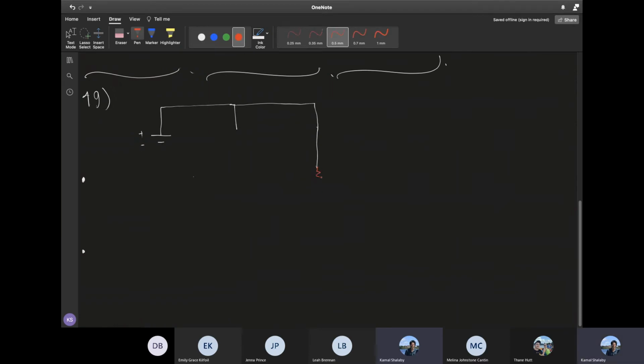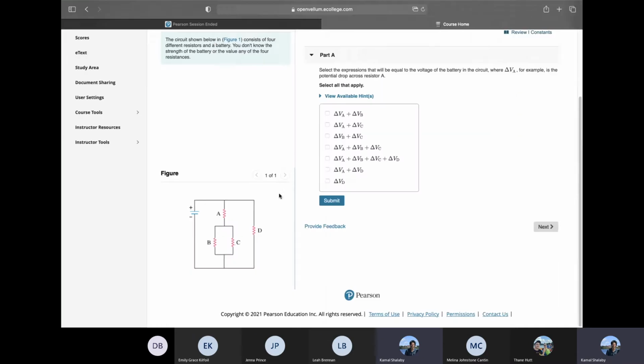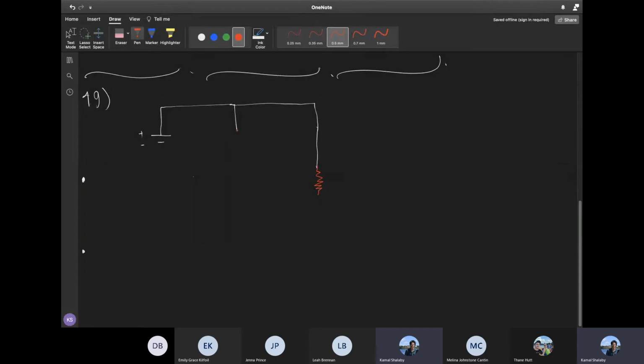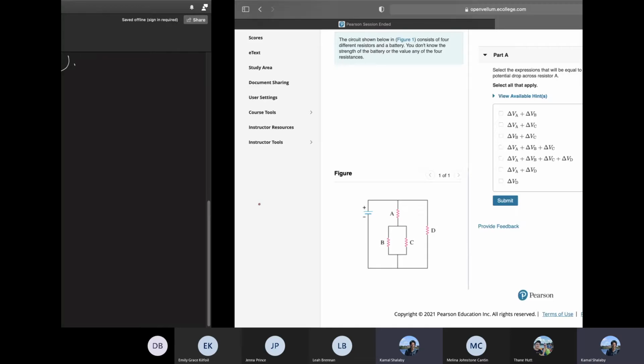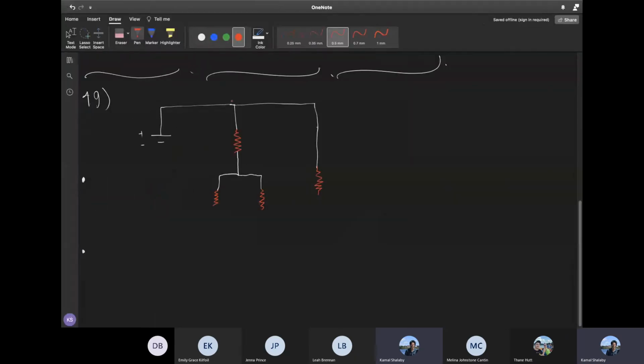We also have A, which goes off to B and C, and then they all connect back.